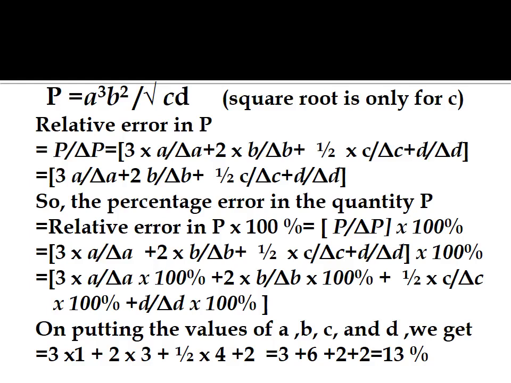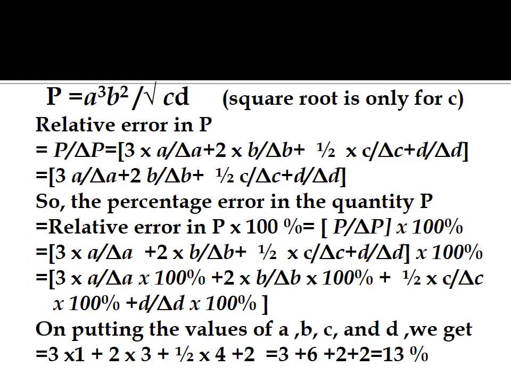So, the percentage error in the quantity P is equal to relative error in P into 100%, which is equal to delta P by P into 100%.